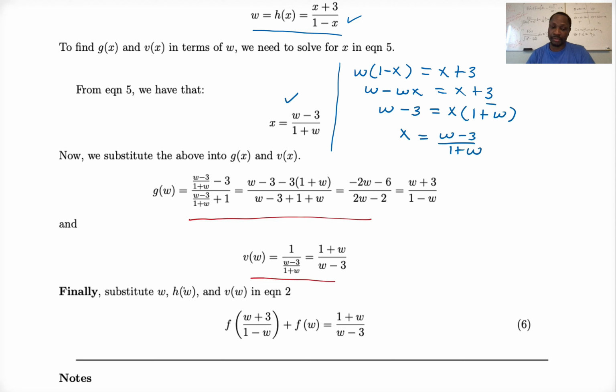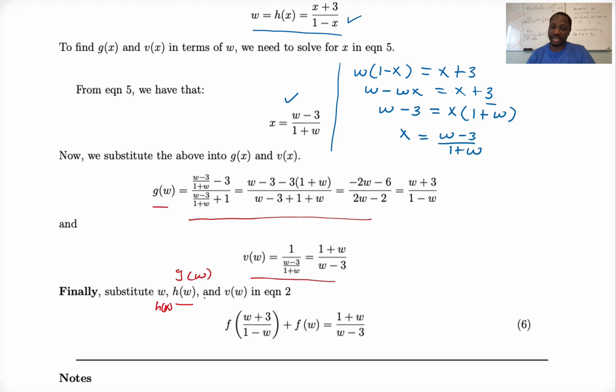Okay, here it's a mistake, this is g of w, because w is h of x, so w represents h of w or h of x, and g of w is represented here.